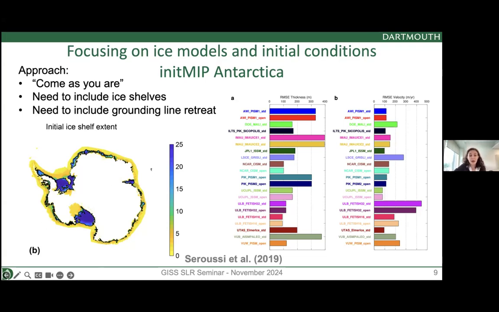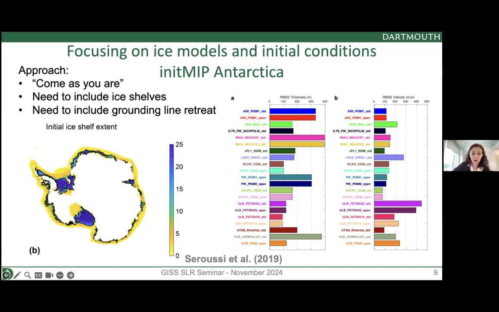We see here on the left the initial ice shelf extent for the models. About 15 or so ice sheet models participated in ISMIP. On the left, you have the number of models that simulate any given point as an ice shelf.